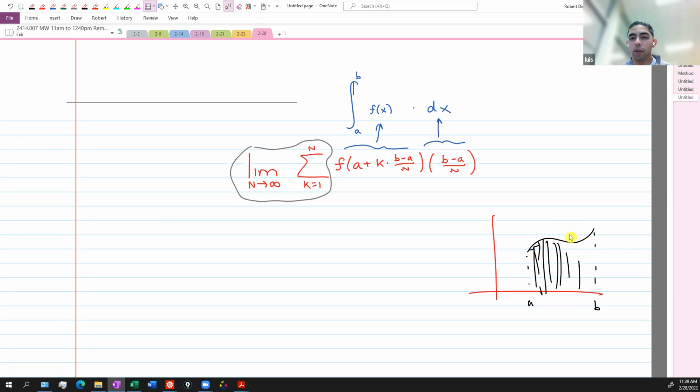Why does this one take precedence? Because it covers any function. A sphere is a specific, very well-behaved shape. A sphere or a circle all have the same curvature. But an arbitrary function can do all sorts of things, and this formula will cover it. And so it's very powerful because it's very general.